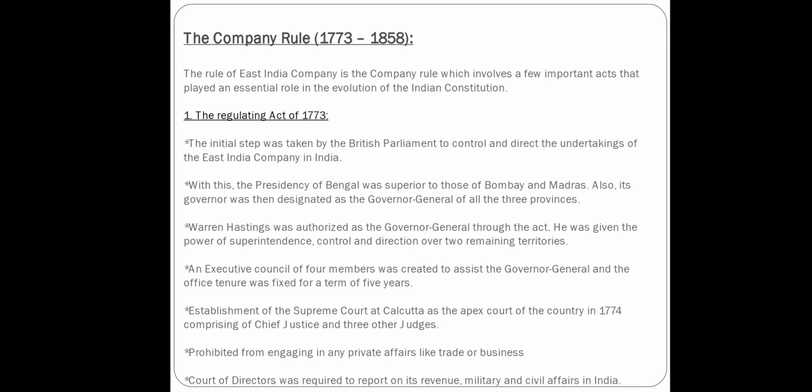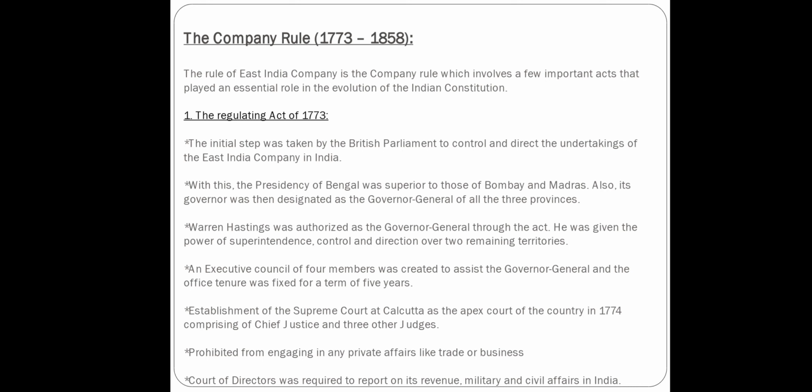I suggest you note a few points on how the Regulating Act of 1773 was able to grant certain concessions to Indians, and how Indians were able to enjoy certain freedoms. The very first step was taken by the British Parliament to control and direct the undertaking of the East India Company.